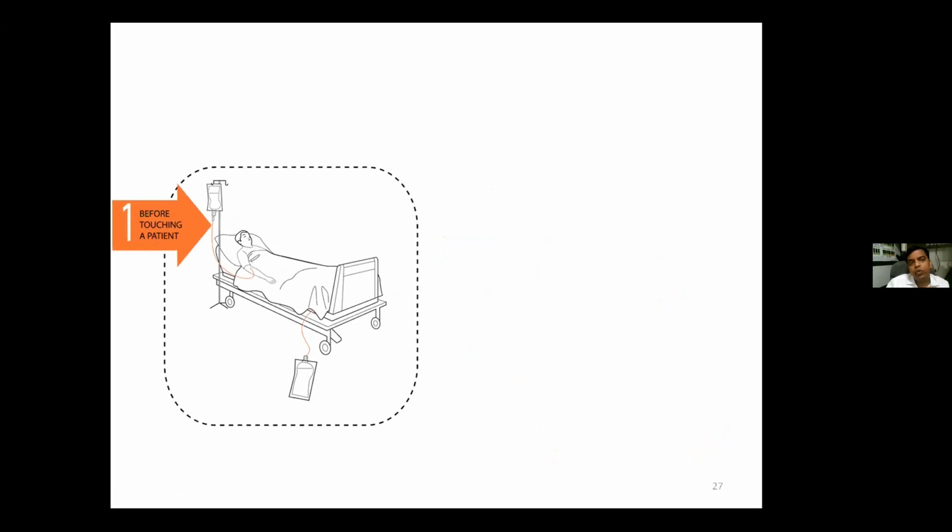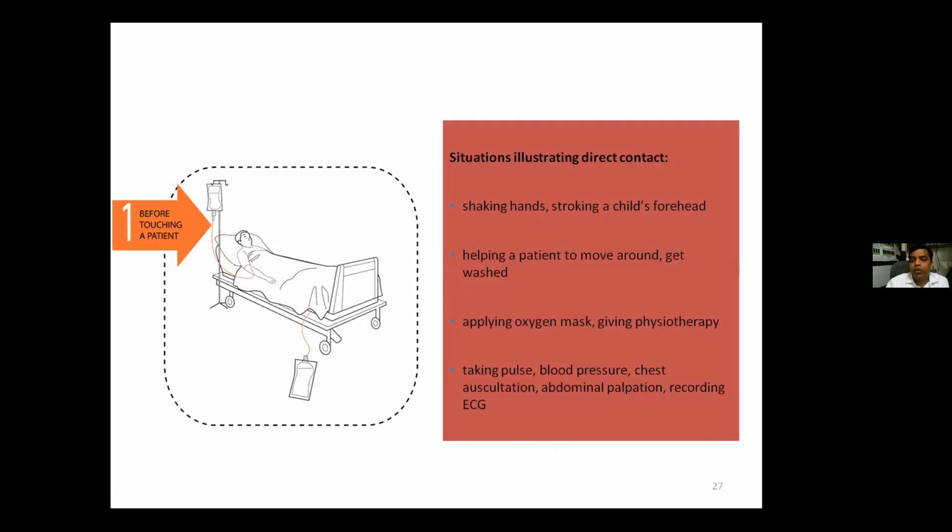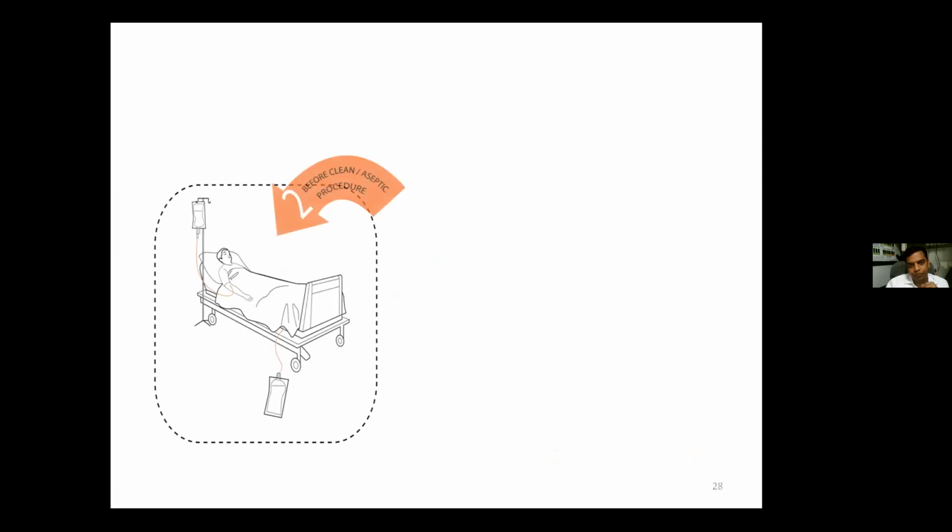Now let us see what are the occasions before touching a patient. It can be before shaking hands, taking a pulse or blood pressure, inspection, palpation, percussion or auscultation. Before such procedures, hand hygiene should be done to prevent the transmission of infection from us to the patient.